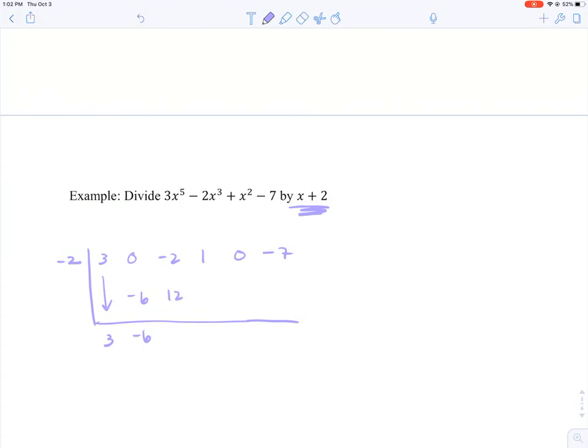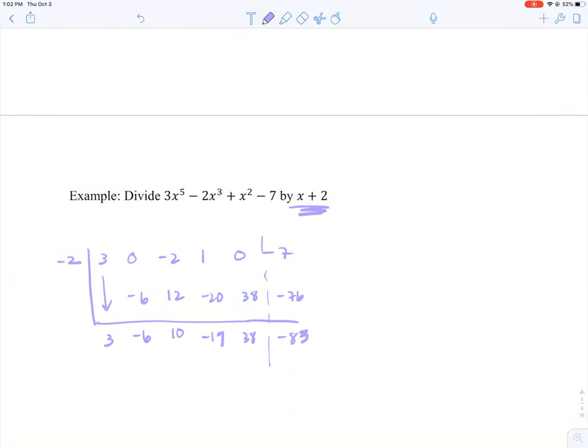Add straight down. Add straight down. Add straight down. It is 19 times 2, that'd be 38. Okay, add straight down. And 38 times -2 would be -76.